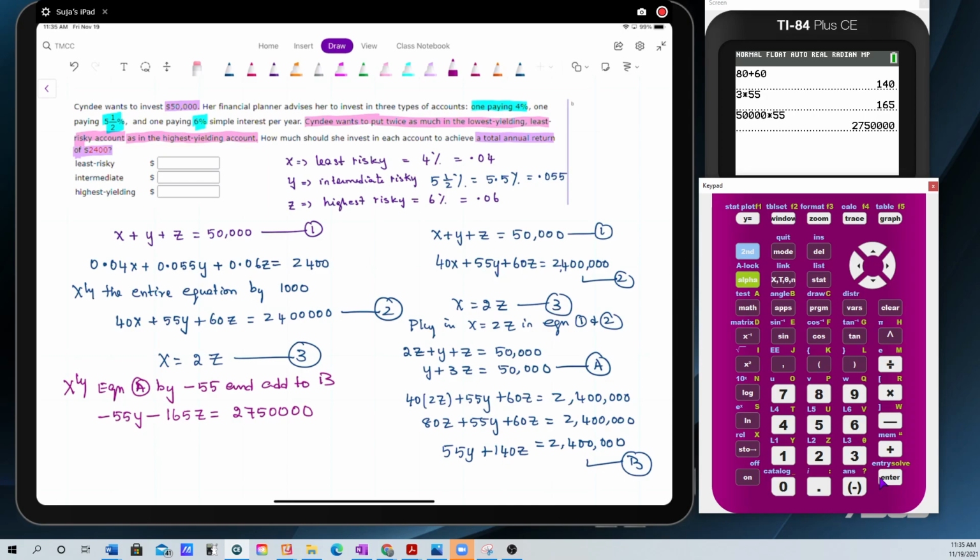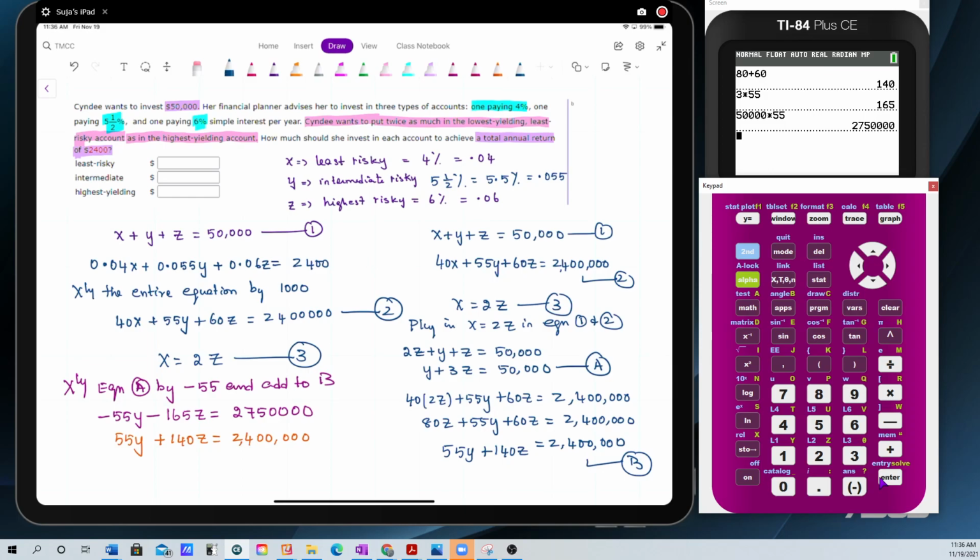This is the first equation, and the second equation I'm going to write as I see. So this is 55Y, which is B, plus 140Z is equal to 2,412. Right. Okay, now I'm going to add them together.